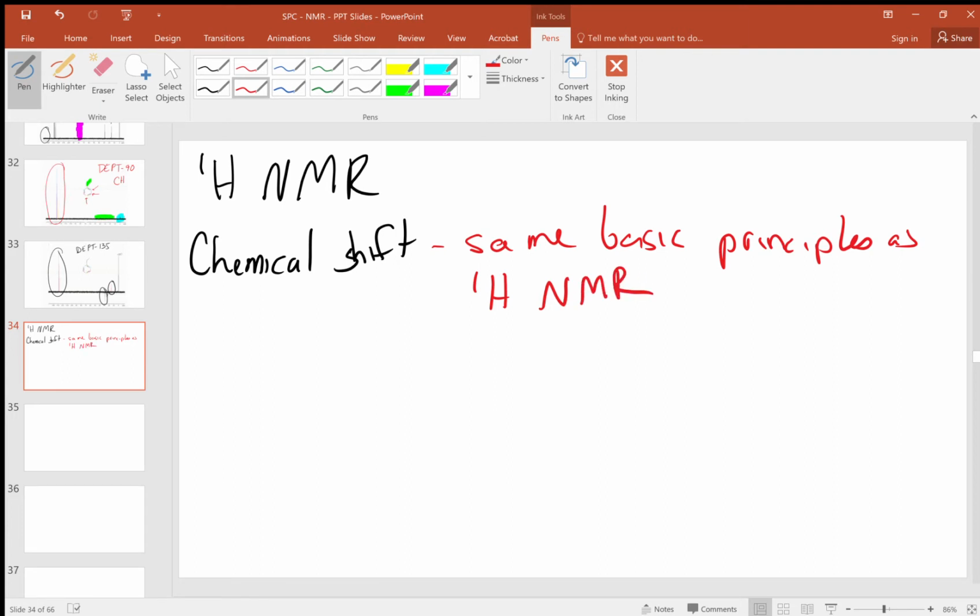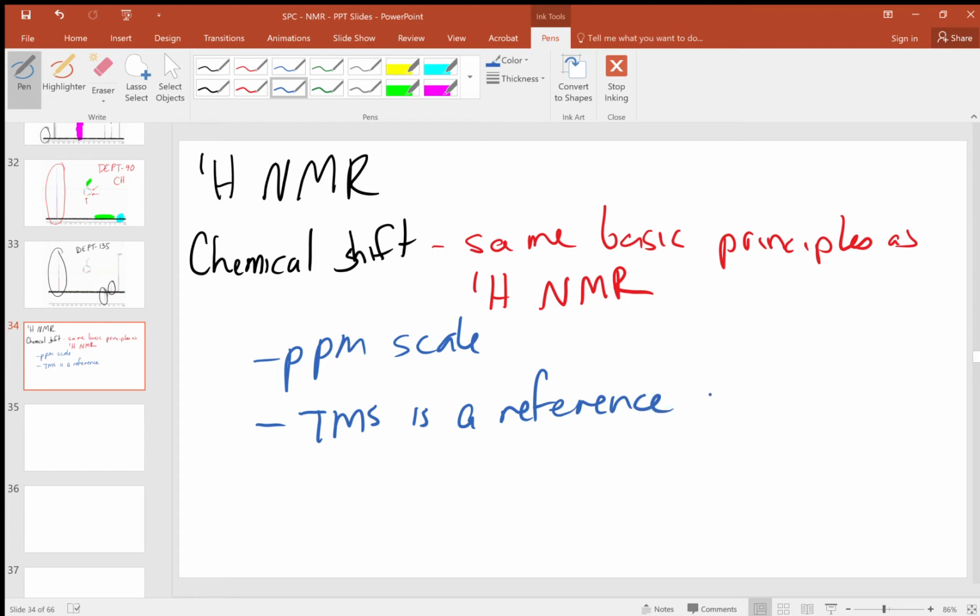Well, overall, first of all, we use the ppm scale. TMS is a reference compound, which is again set at 0 ppm, just like in carbon NMR.